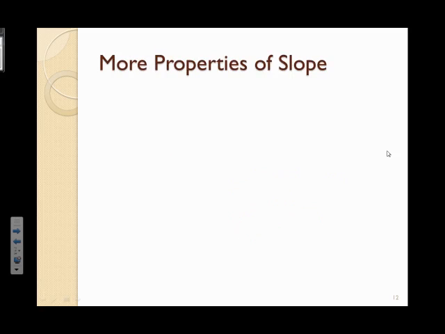Now, when we're working with slope, there's a few things that are helpful, especially when working with some of these lines in homework. If we remember some of these things, it just makes our work easier. One of the things is that lines that have the same slope are parallel. The distinct means that they're two separate lines.